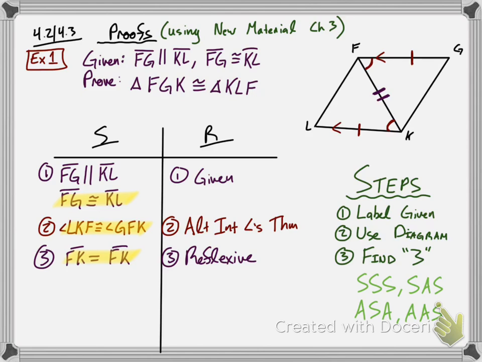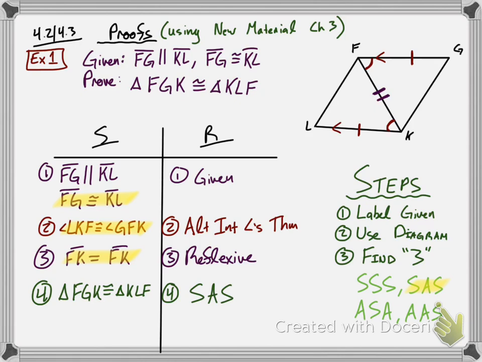So we have two sides and one angle, and that angle is included. So that would make this side, angle, side. So to finish up our proof, we know triangle FGK is congruent to KLF, and our reason would be side, angle, side.